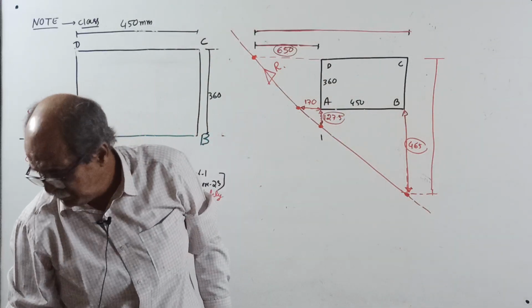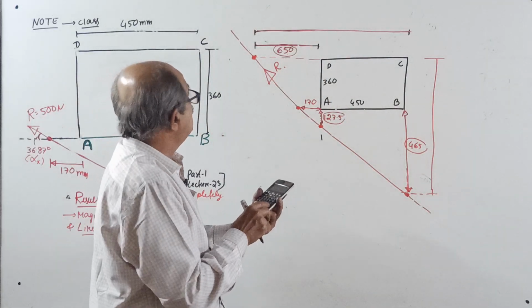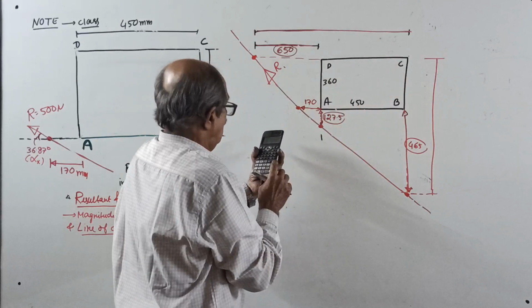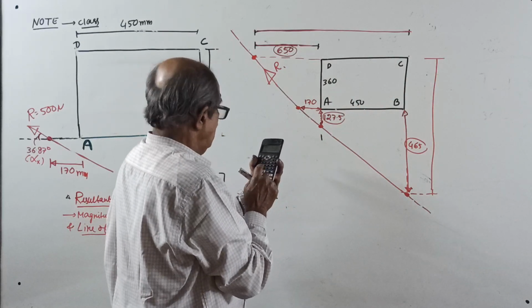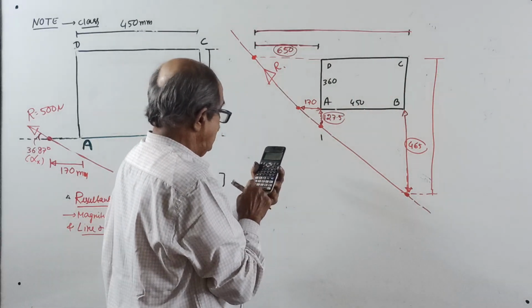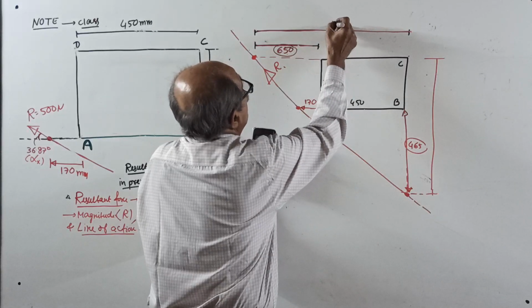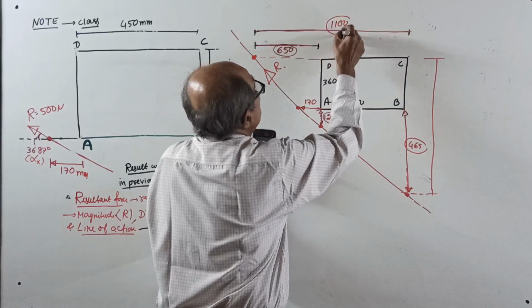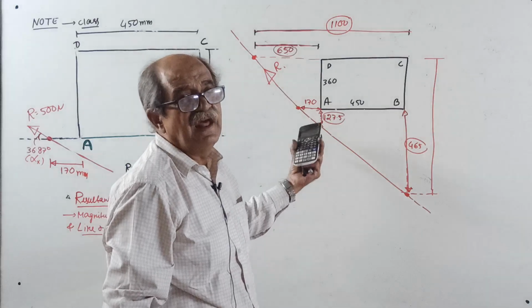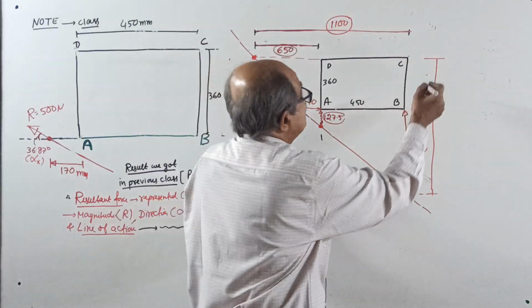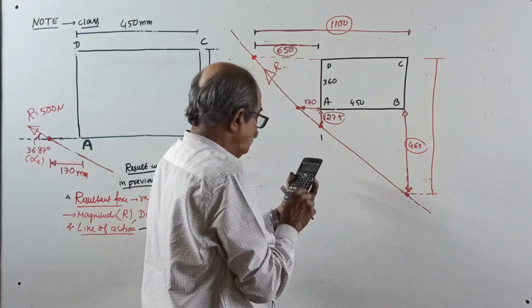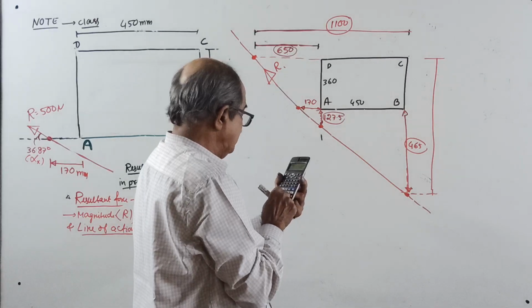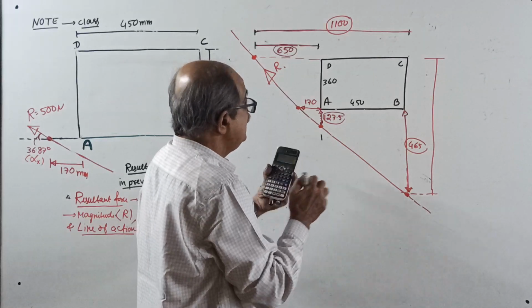That much mathematics you should know. 450 gives 1100, rounded, all calculated here today by mathematics. And suppose you want this distance to be 465, add 360. It is 825.